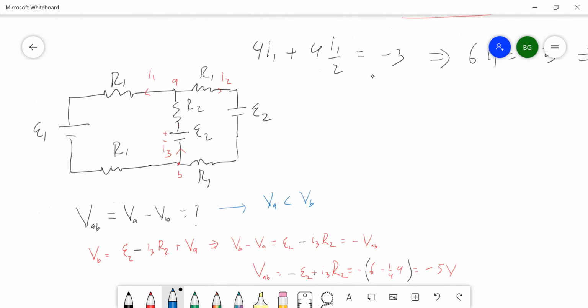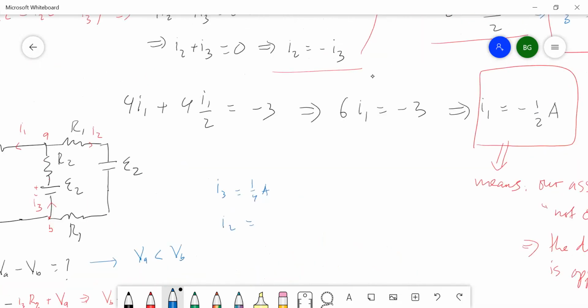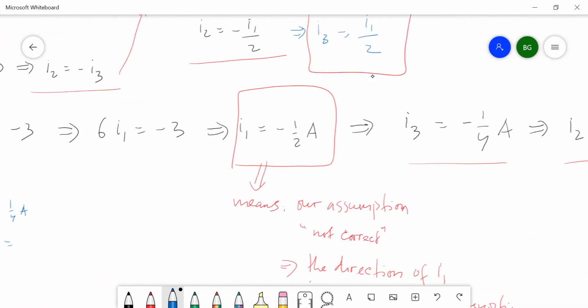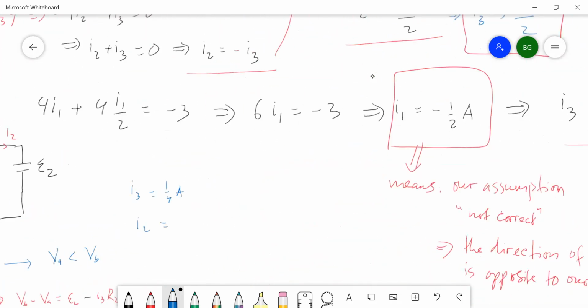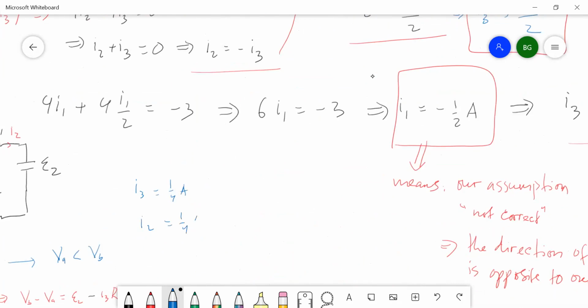So in this case, I took I3 as a quarter ampere, and I2 is a quarter also. Everything is positive here.